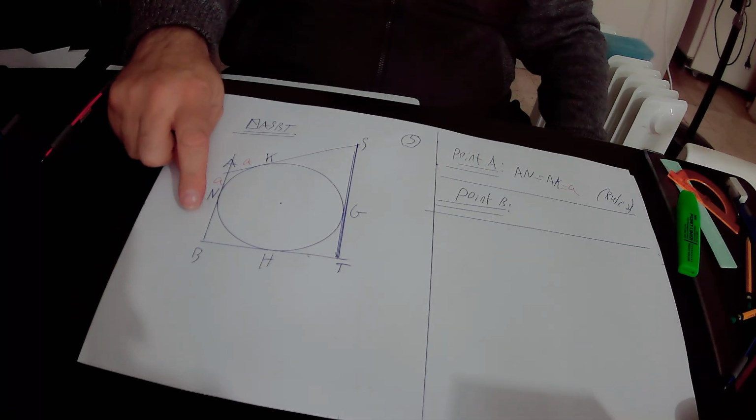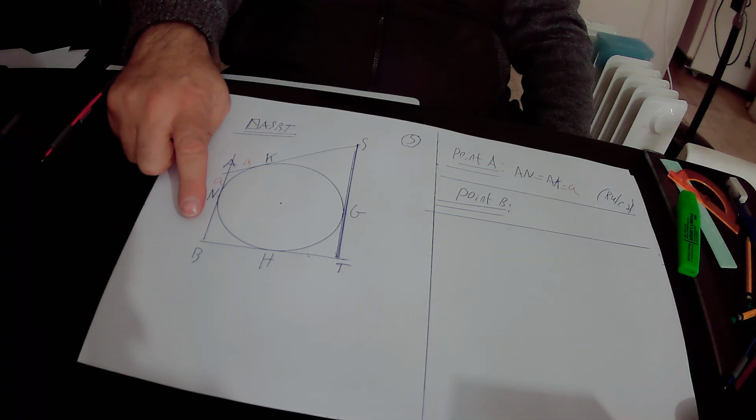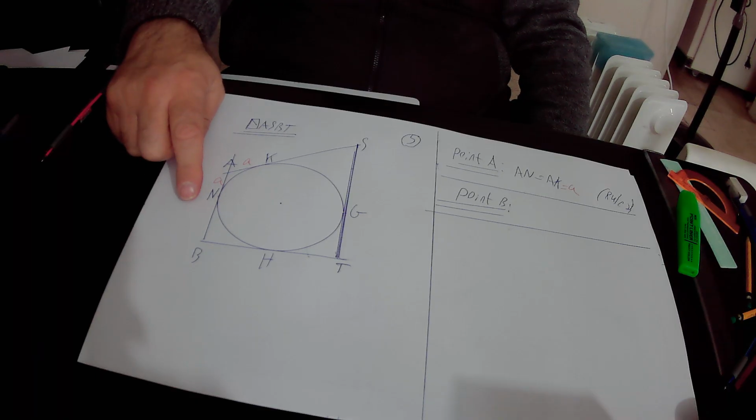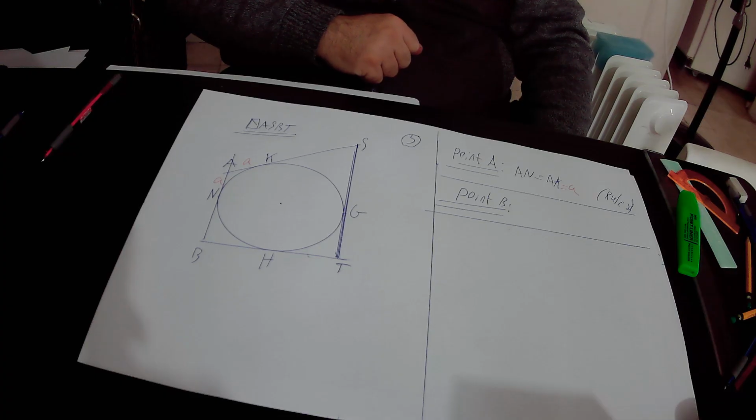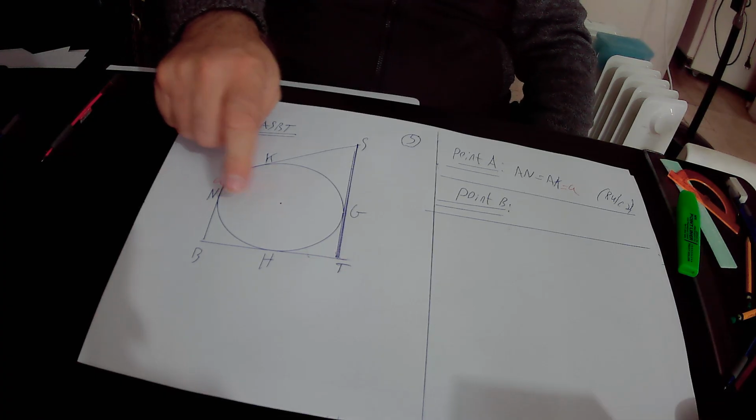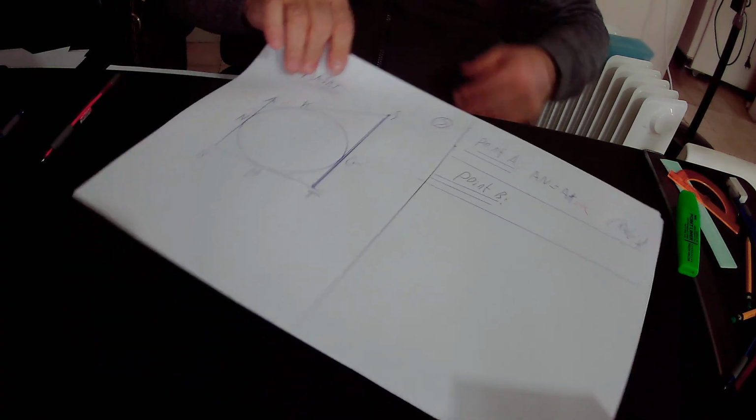From the common external point, point B, we have two tangents to this circle, tangent BN and tangent BH. According to rule 2, they are equal to each other. So BN equals BH according to rule 2.